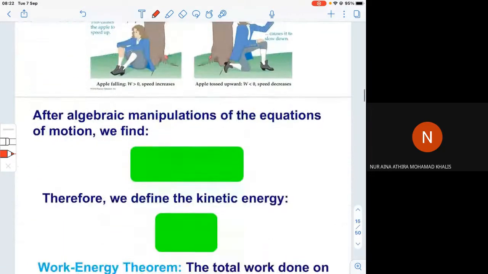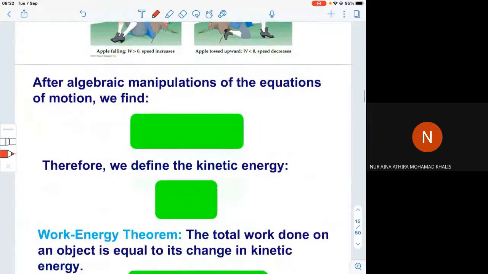After algebraic manipulation of the equations of motion, we get that the total work done is equivalent to the difference between the kinetic energies, half mv final squared minus half mv initial squared.